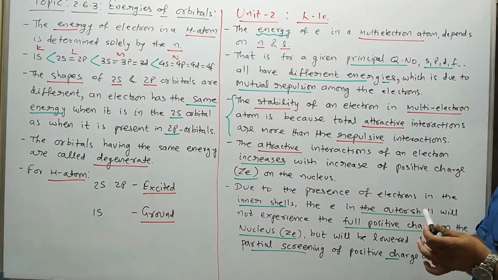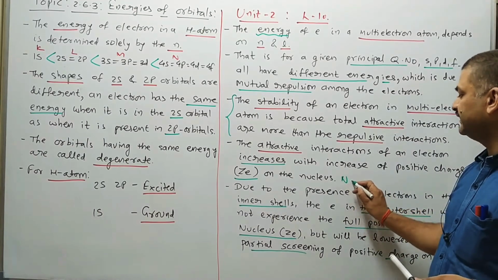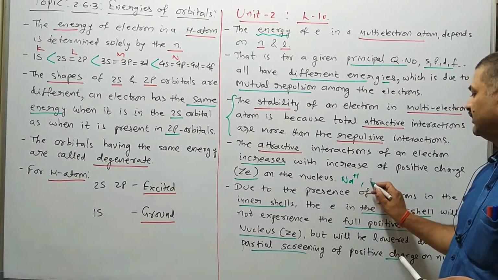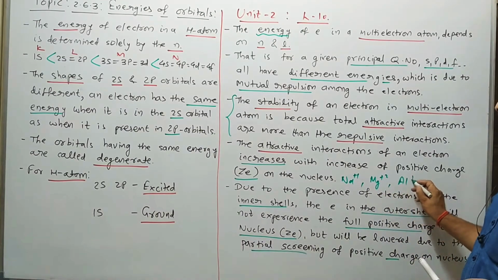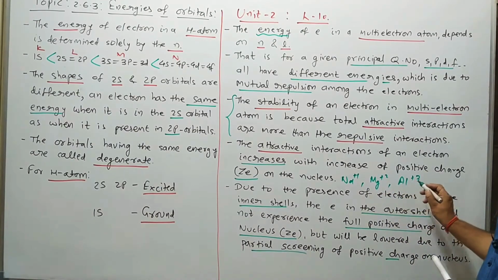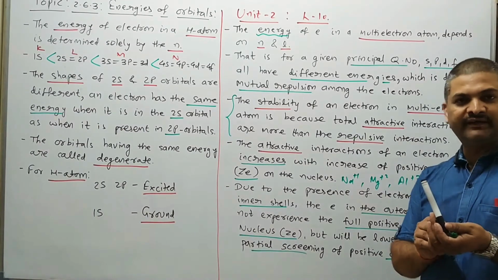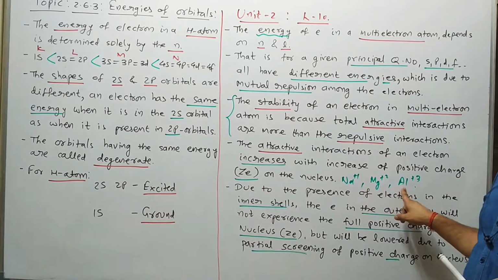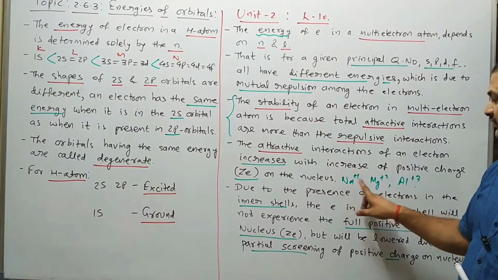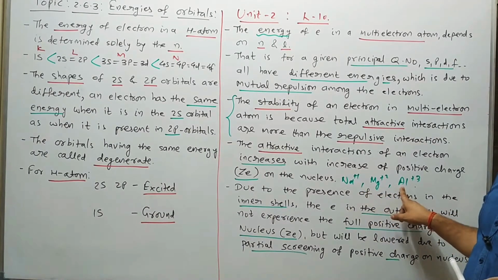See, जैसे यहाँ पे मैं आपको बोलूँ, this is sodium plus 1, this one is magnesium plus 2 and aluminium plus 3. Then with respect to electrons, sodium, magnesium and aluminium are same because here 10 electrons are there.